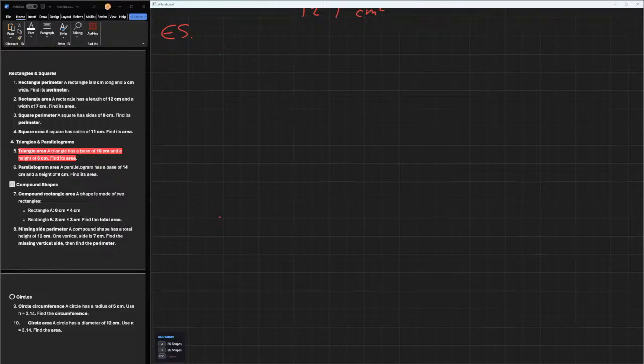A triangle. So we have a triangle with a base of 10 and a height of 6. Find its area. So this one is something you guys need to memorize. When it comes to the triangle, it's the base times the height divided by 2.